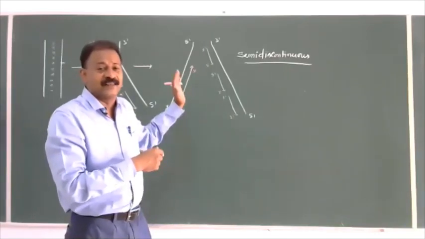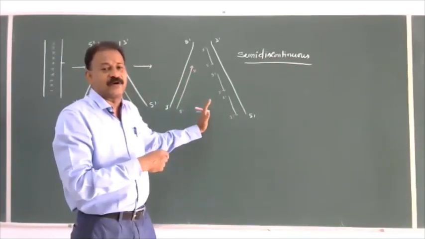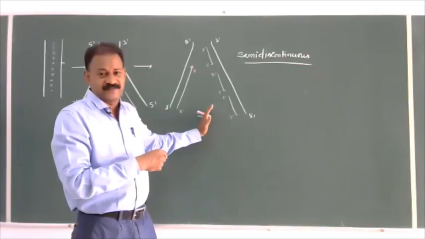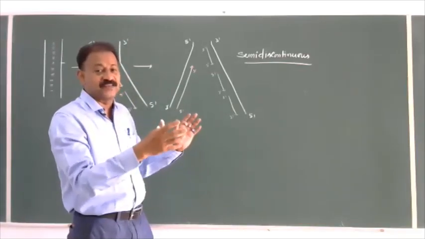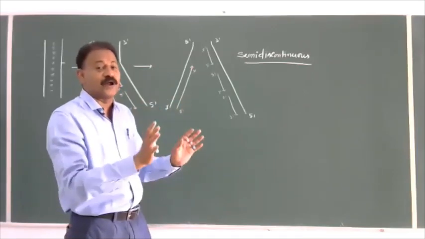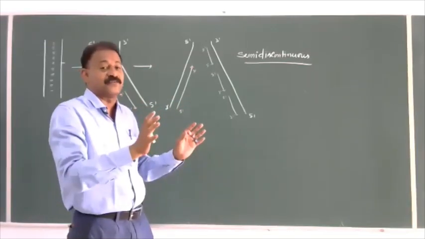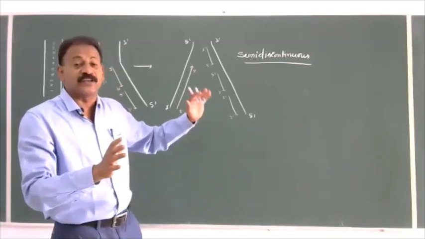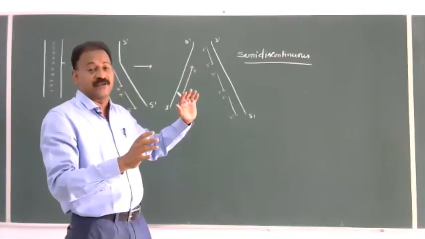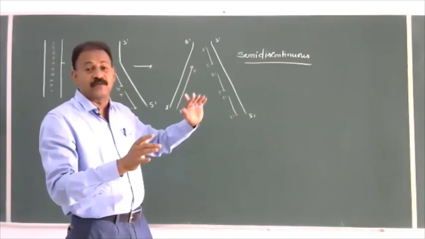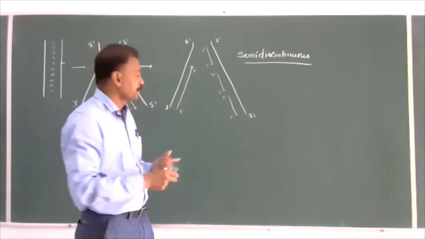So already in every cell, two DNA molecules will be there. So the coordination between DNA replication and cell division should be there. If there is no coordination between DNA replication and cell division, the cell shows polyploidic behavior, which is called abnormal chromosomal behavior, chromosomal anomaly. You will study in genetics in the coming lessons.